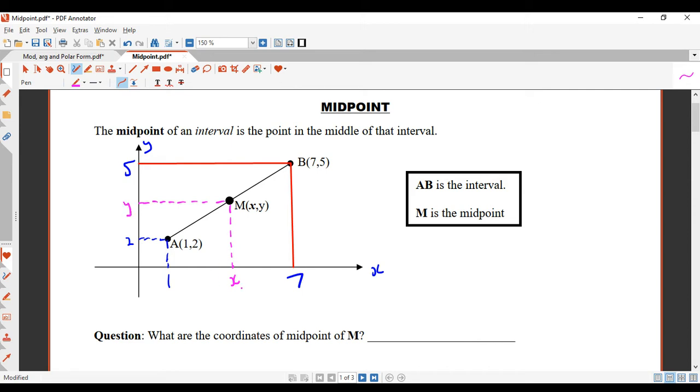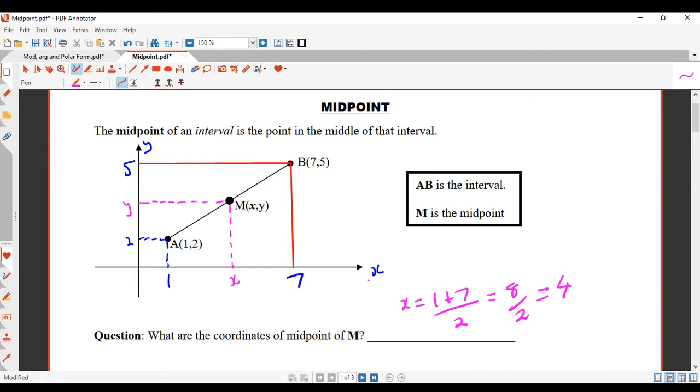So I've got to find the point halfway between 1 and 7. Now the easiest way to do that is to add the two numbers on the x-axis, 1 and 7 together, and divide by 2. That's going to give you 8 on 2, which equals 4.